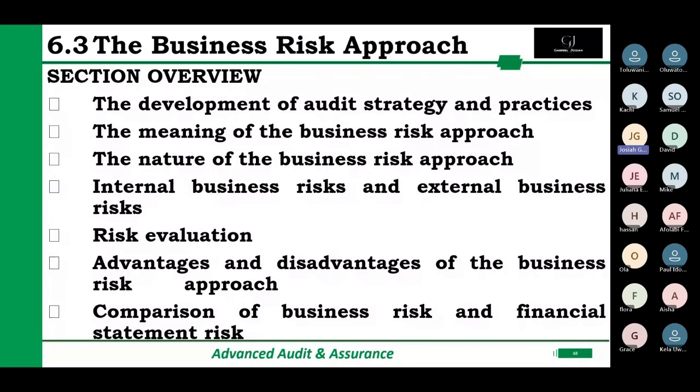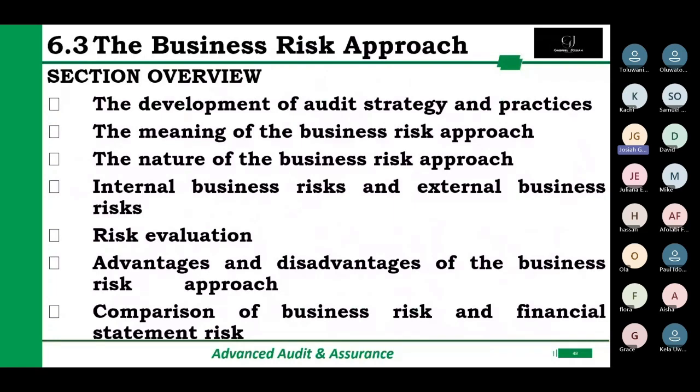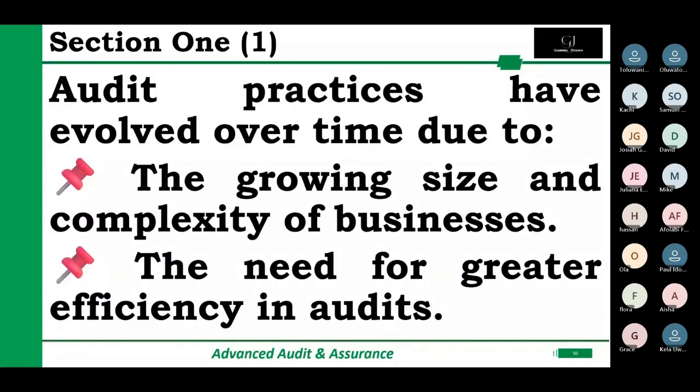And we'll look at the advantages and disadvantages of the business risk approach. Finally, I think the seventh one will be comparison of business risk and financial statement risk. Quite a long unit, but it will provide context to what we need to understand from what we've just looked at.